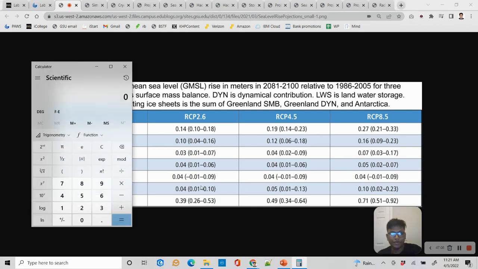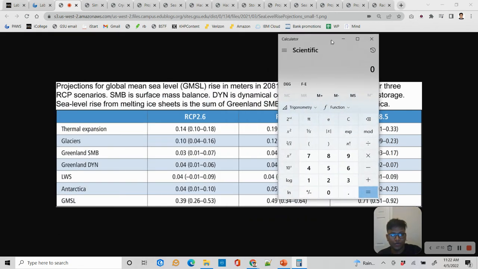So if you sum all these three, what will you get? 0.07 plus 0.06 for Greenland DYN plus 0.10. The highest point will be 0.23 compared to thermal expansion, which is 0.18.